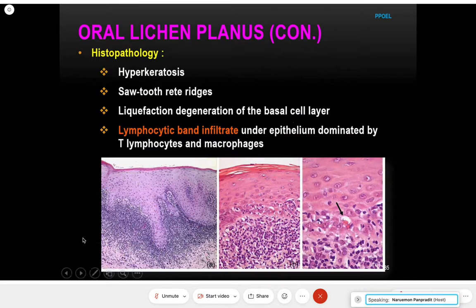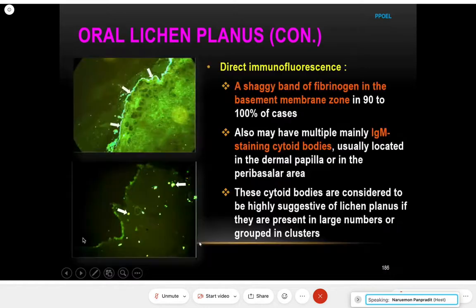Okay, this is the real keystone because lichen is pathognomonic. When you do the biopsy, the pathologist can report that this lesion is lichen planus because the important characteristic is a lymphocytic band infiltration under the epithelium. Lymphocytic band is very important.